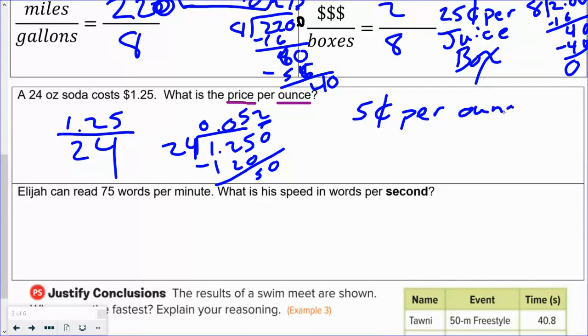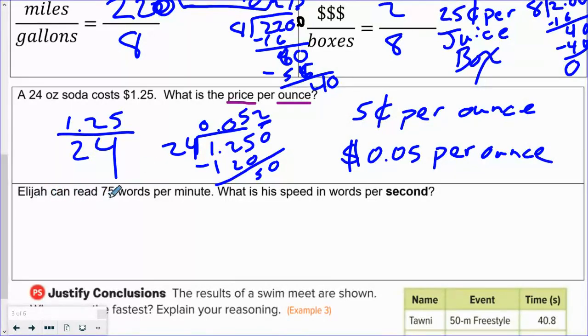Now, could I use this as well? Yes. Either way works. Okay. Either one, it's the same thing, just written differently.